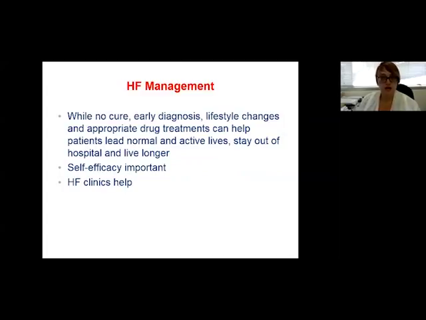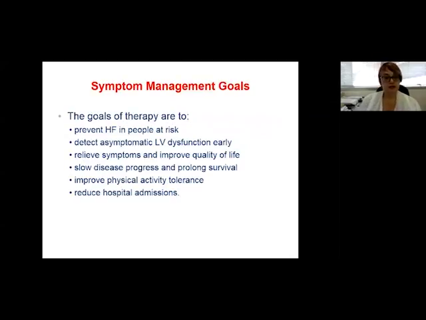That's why there's a lot of heart failure clinics, heart failure clinical nurse consultants, heart failure nurse practitioners to help manage patients with heart failure. So the goal of symptom management in heart failure is to prevent heart failure developing and slowing the progression, prolonging life, maintaining as much left ventricular function as possible.